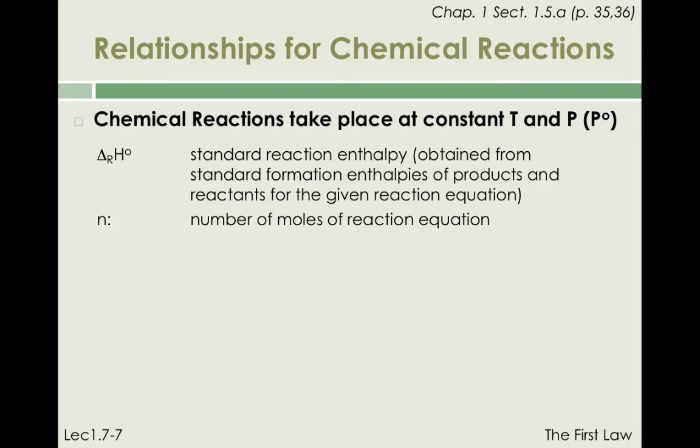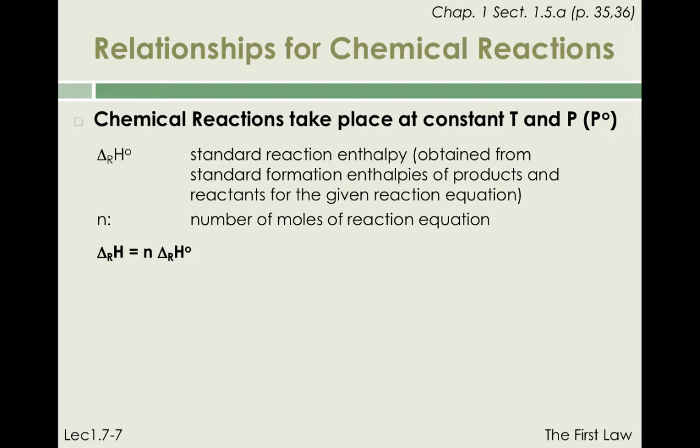Then we calculate the number of moles of reaction equation for a given amount of reactant or for an expected amount of product. If n moles of reaction equations are involved in the actual process, then the reaction enthalpy, ΔrH, is simply n times the standard reaction enthalpy, ΔrH standard.